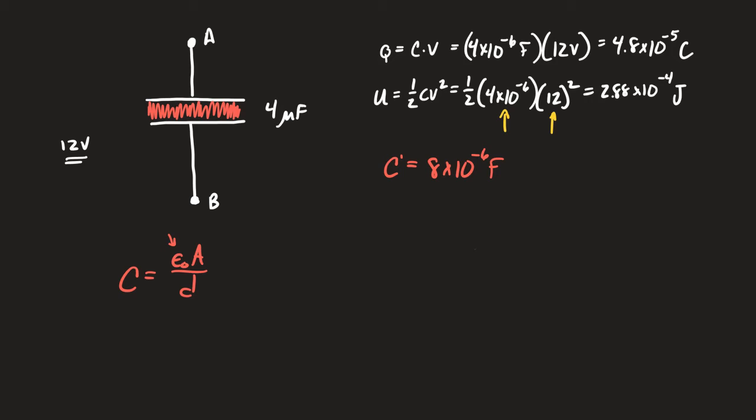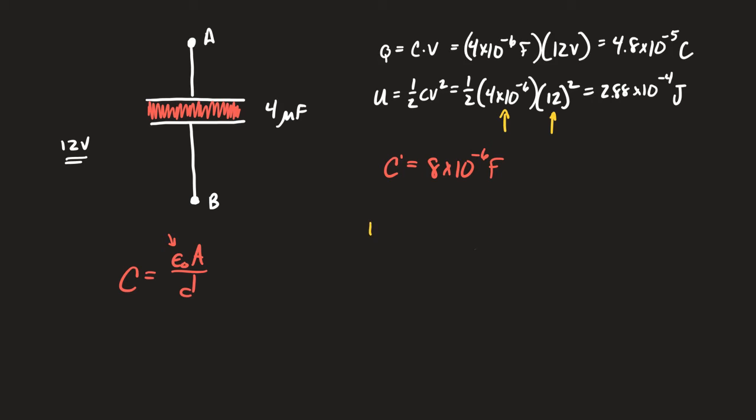So I would assume that the charge in the capacitor would now double because the capacitance doubled, from 4.8 to 9.6 times 10 to the negative fifth. I would also expect that the energy doubled because it was cut in half before, so I would imagine the energy doubled this time. Does that work out? I have to do the math on it, but I think it does.